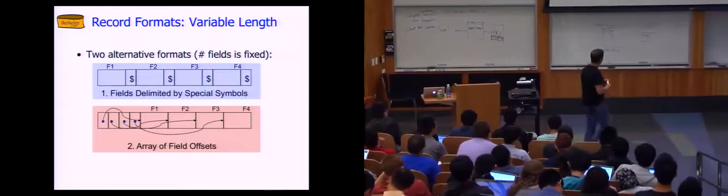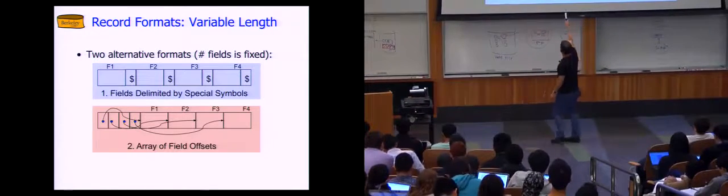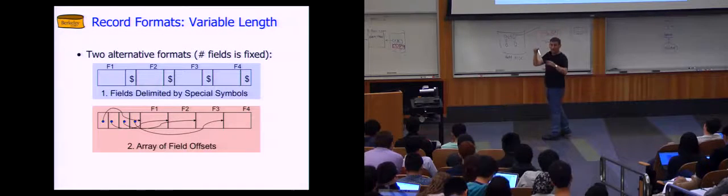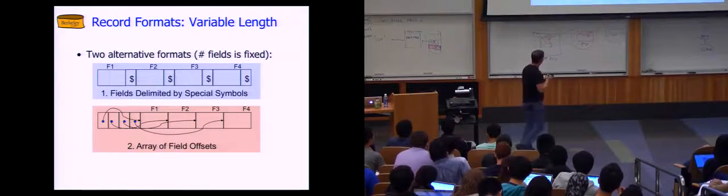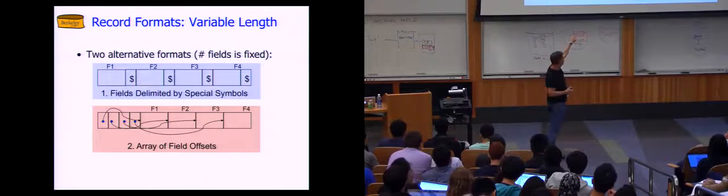F4? Well, you'd have to know before you went and got it. So if you're looking at F1, you know where the beginning of F1 is, and you know where the beginning of F2 is. And you keep both of those in mind as you go get F1. For F4, there's probably a missing thing, which is an end of record pointer. So I think you're right. There's a little bit of a bug in the slide.